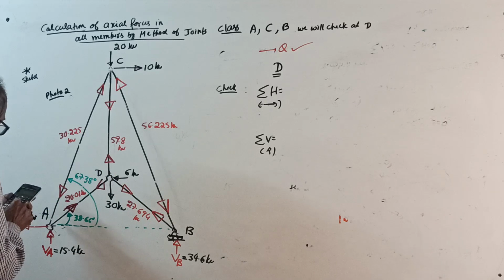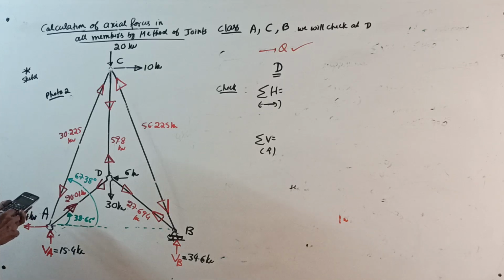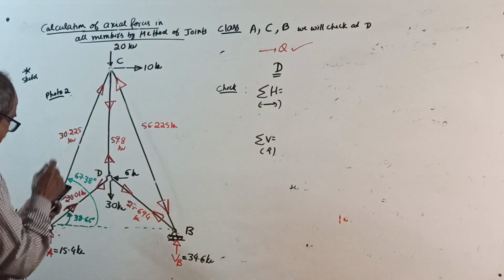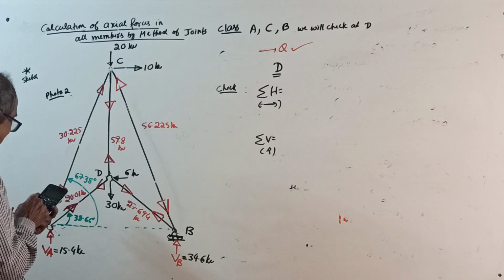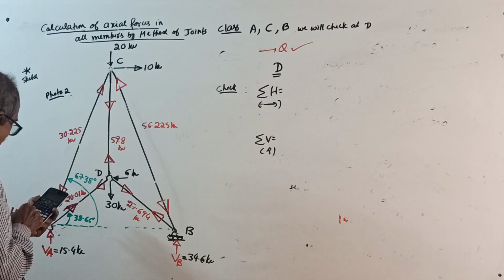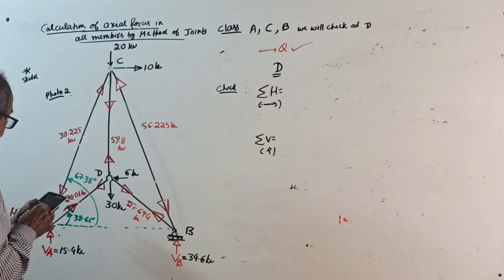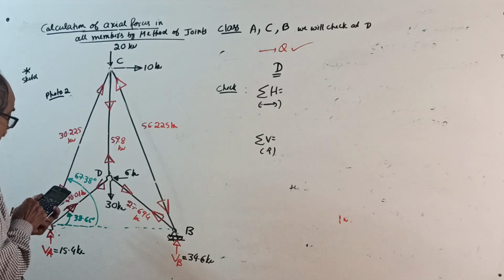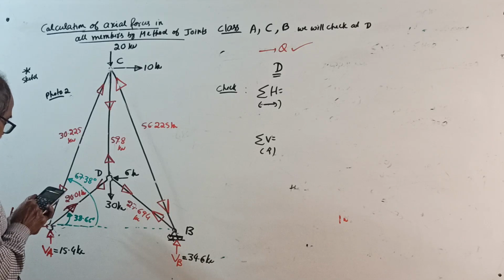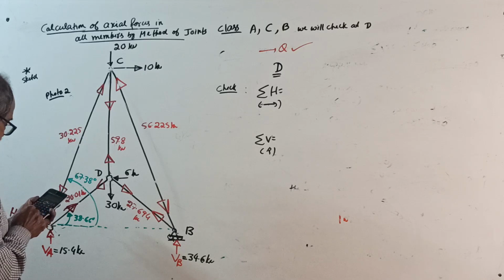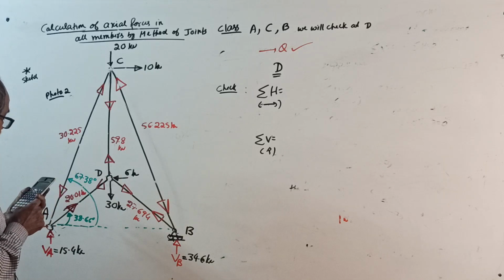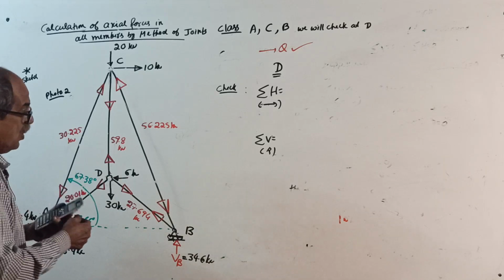Something is wrong: minus 20.01 into cos of 38.66, that is minus, this is plus 27.694 into cos of 38.66, equal to then minus 6, it is coming 0.00012.